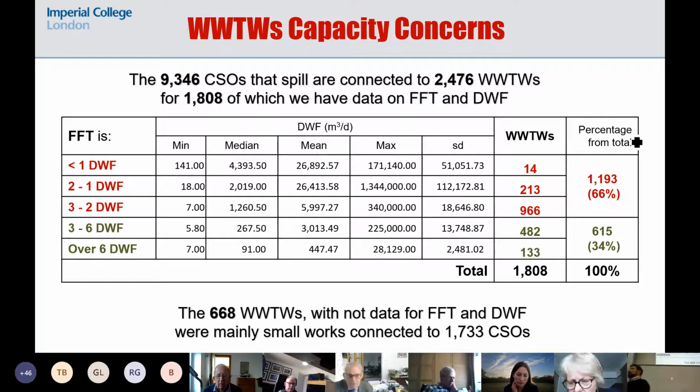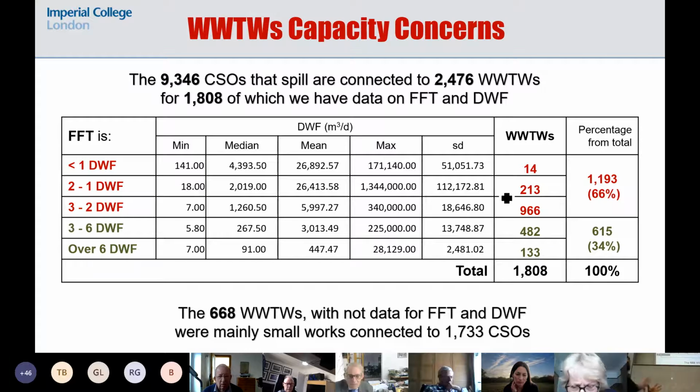Okay, so we were able to calculate that of the works connected to the CSOs that spill, about 14 had less than 1 dry weather flow, right? Which is problematic. 213 plants had 1 to 2 dry weather flow. 966 plants have less than 3 dry weather flow, and only 482 had between 3 and 6, and 133 above 6, right?